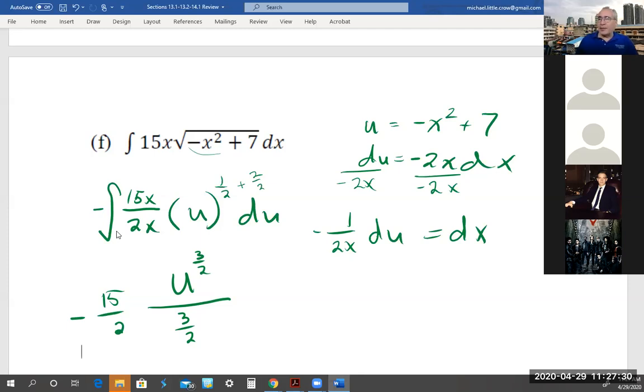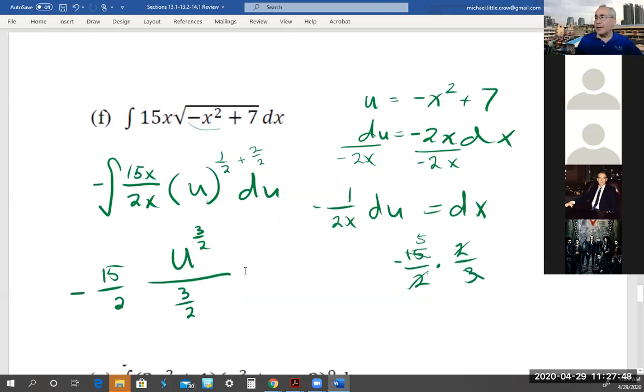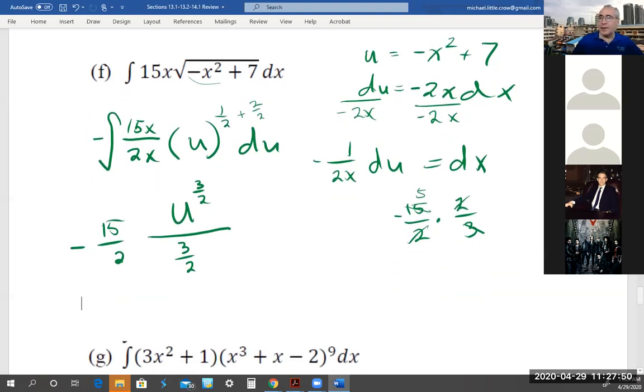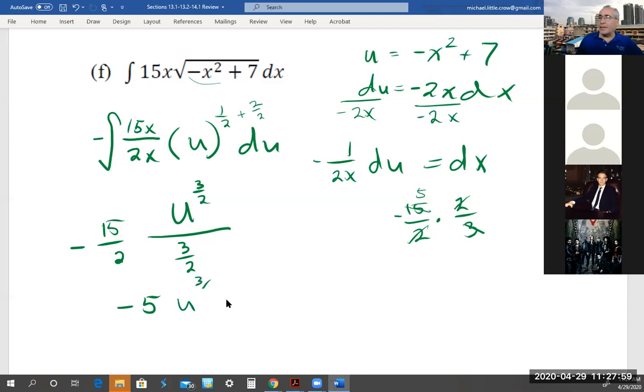So I'm just going to, over on my scratch paper, have minus 15 halves times 2 over 3. So the 2 cancels with the 2. The 3 cancels with the 15, leaving a 5. So all of this becomes just minus 5 u to the 3/2.